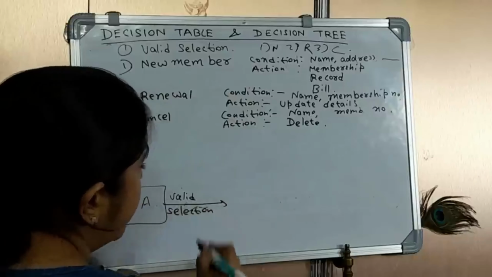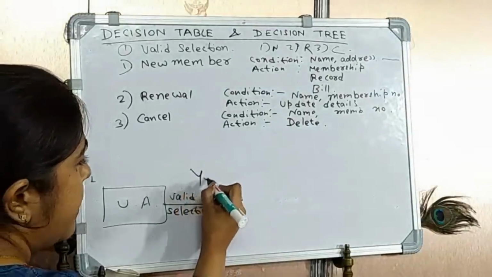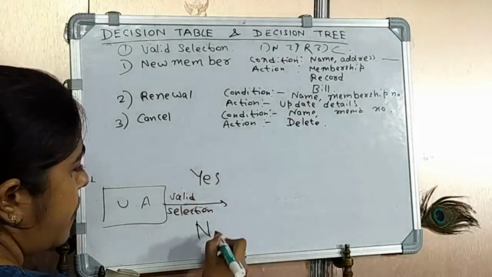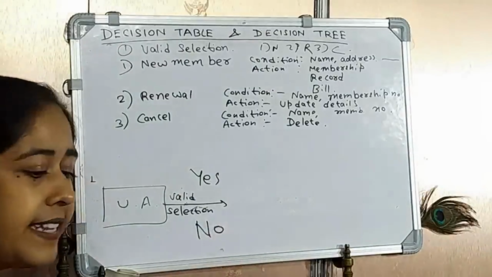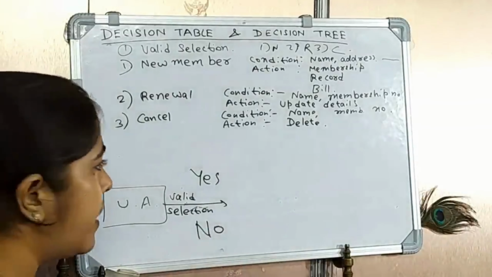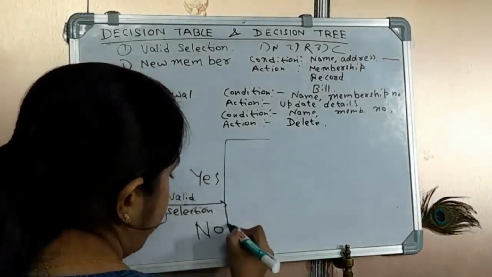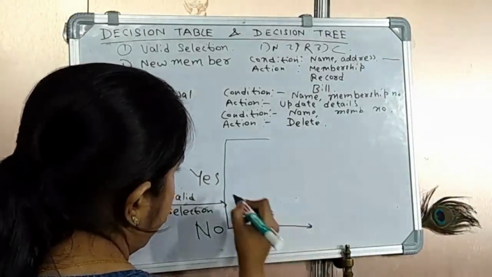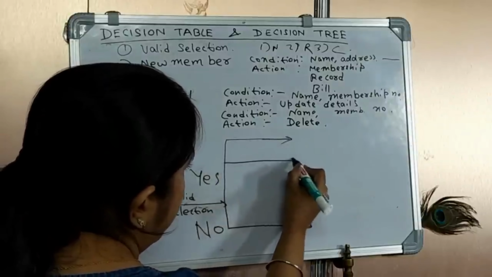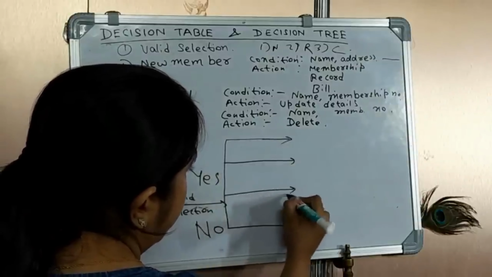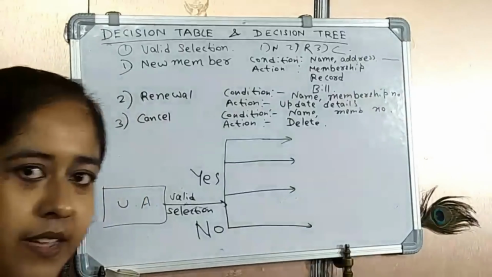What is going to be the user's valid selection? The first one will be yes and the other one will be no. If he is selecting yes, then what will happen? There can be three conditions. This is our first condition, this will be our second condition, and this will be our third condition. And if no, then again one condition.